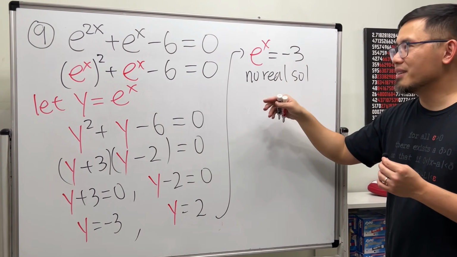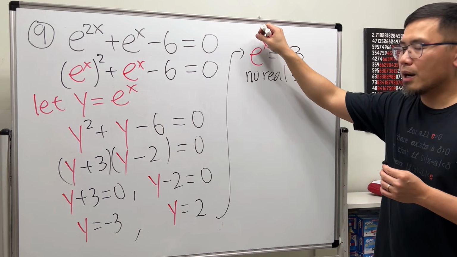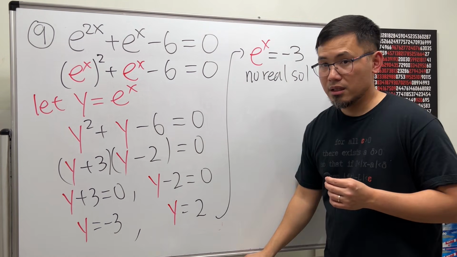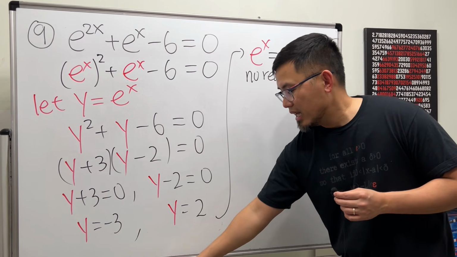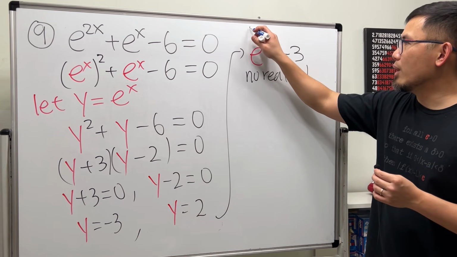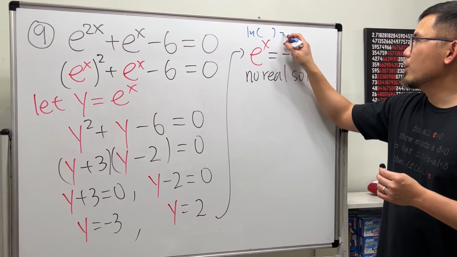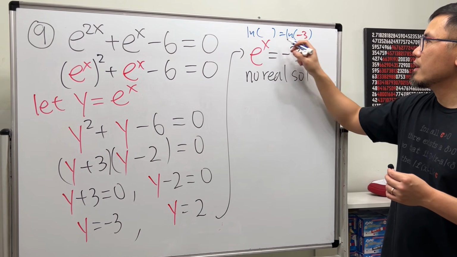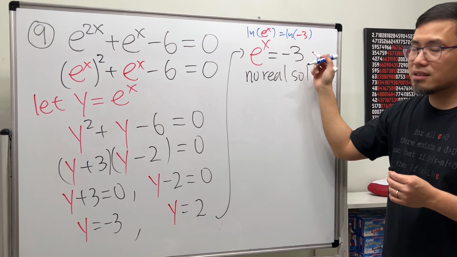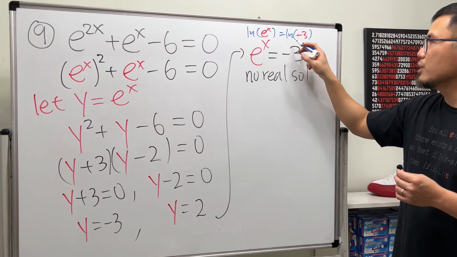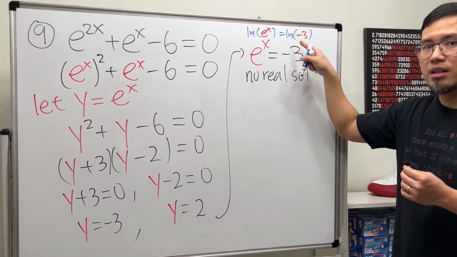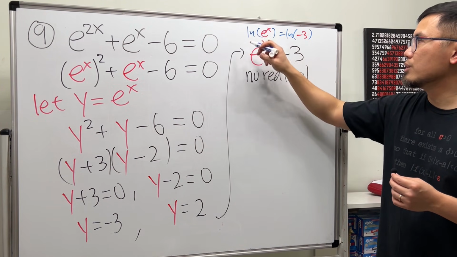Remember what we did earlier? b to the x power has to be positive in order for you to apply the logarithm. And if you really want to do ln on both sides, then you are going to get ln of negative 3 here. The calculator will tell you it's imaginary, it's no real value. So you just don't do it.